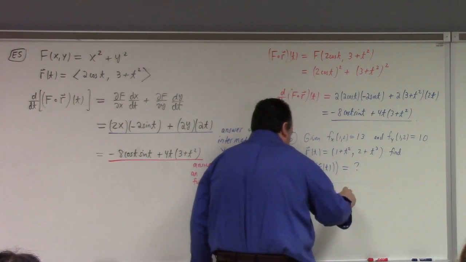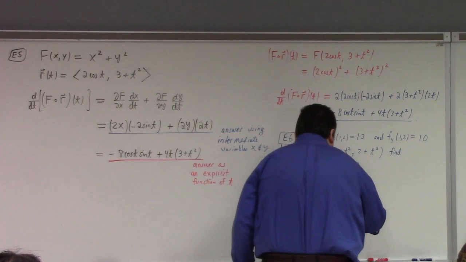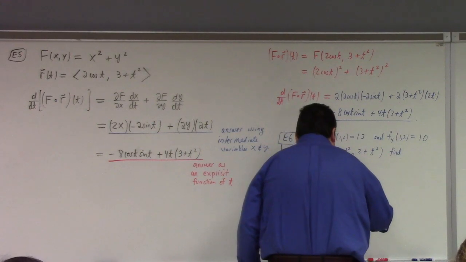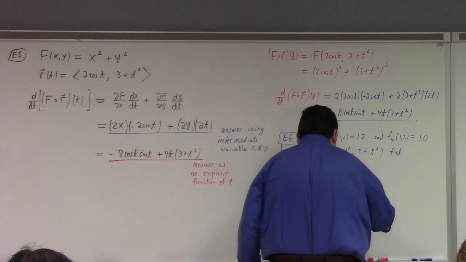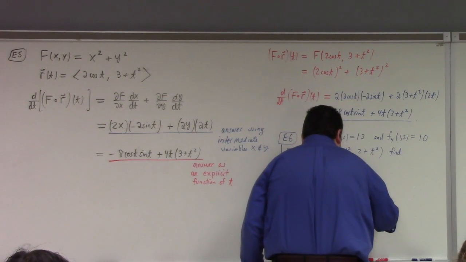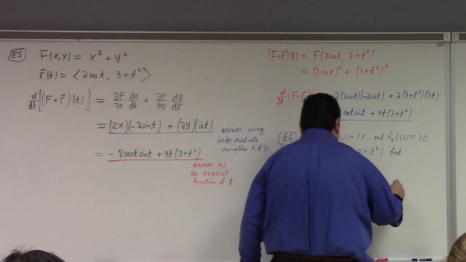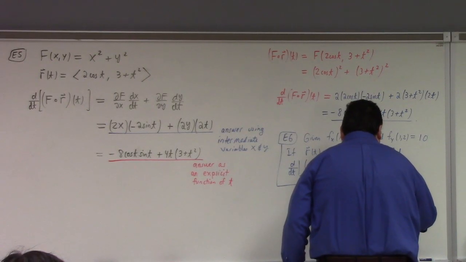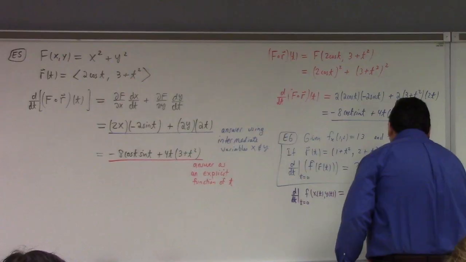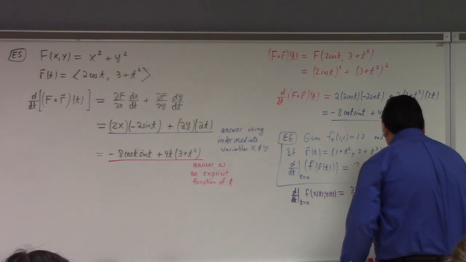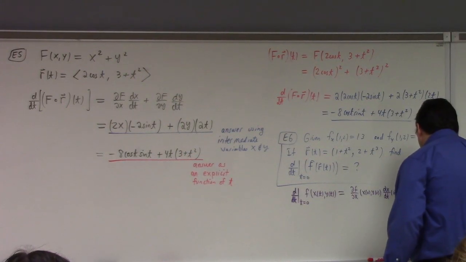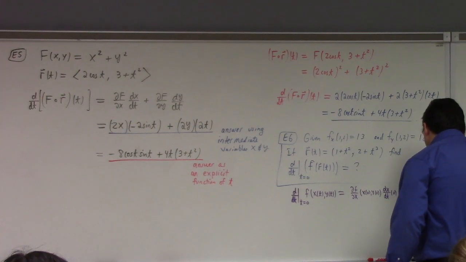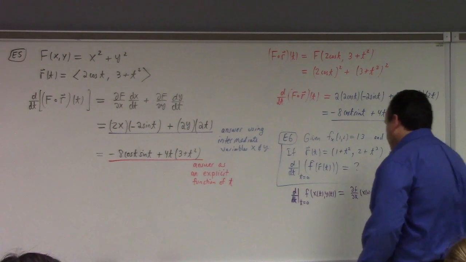By the chain rule, this is equal to partial f partial x at x of 0, y of 0 times dx/dt at time 0 plus partial f partial y at the point x of 0, y of 0 times dy/dt at time 0.